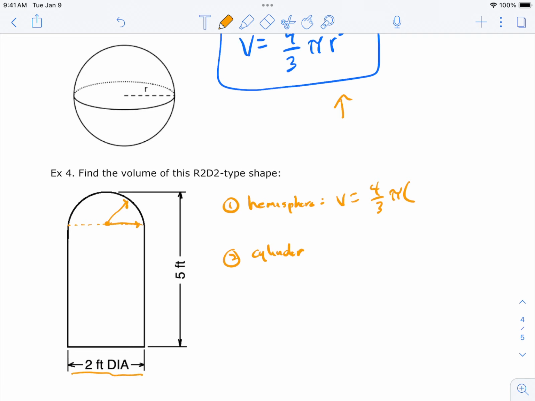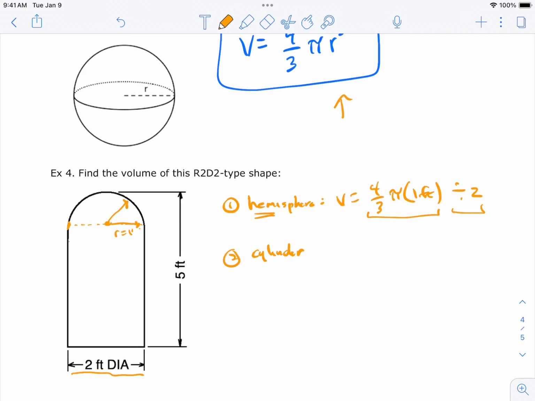And you can come down here and say, well, if the cylinder is 2 feet across, and this is fitting all nice and flush, this must be r equals 1 foot right here. So the r is just 1 foot. Cute, cool. So put the divide by 2, because that's the volume of a sphere, and we have a half sphere, so we have to divide by 2.